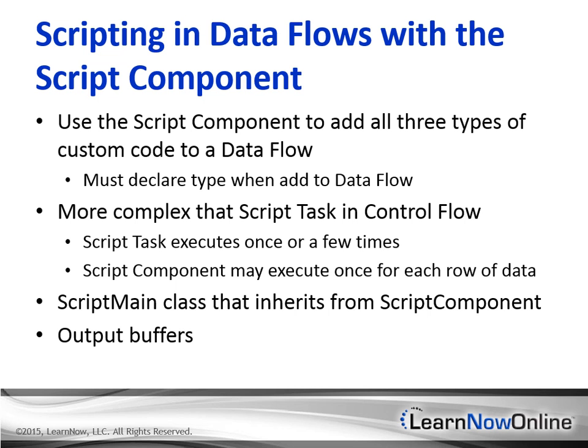In your script component code, use the methods of this class to send rows to the output of your component. In addition, if your script component has multiple outputs, and I'll talk more about that later, your VSTA project will contain multiple output buffer wrapper classes. So it really is reflecting the environment in which this script component is executing.